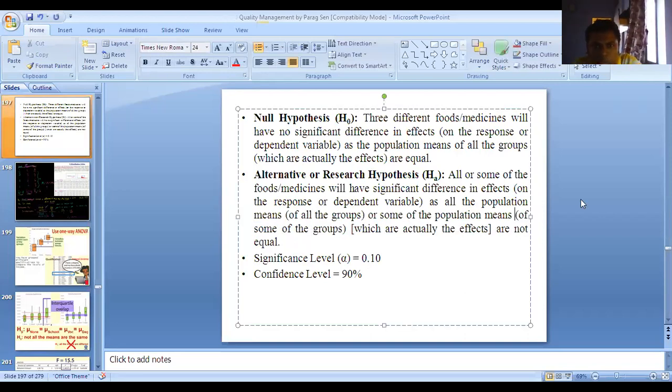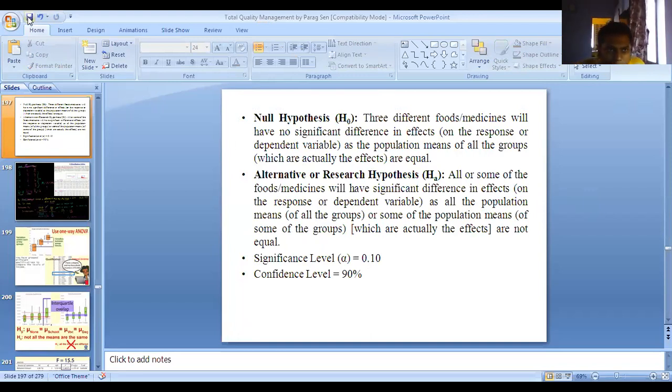So this was the null hypothesis and alternative hypothesis for the example that we just stated.